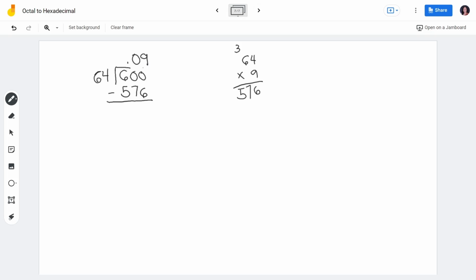So subtracting, 10 minus 6 is 4, 9 minus 7 is 2, and then this will be 5. So we have here 24. Next we have 240. So how many 64s? 64 times 3 is 192.